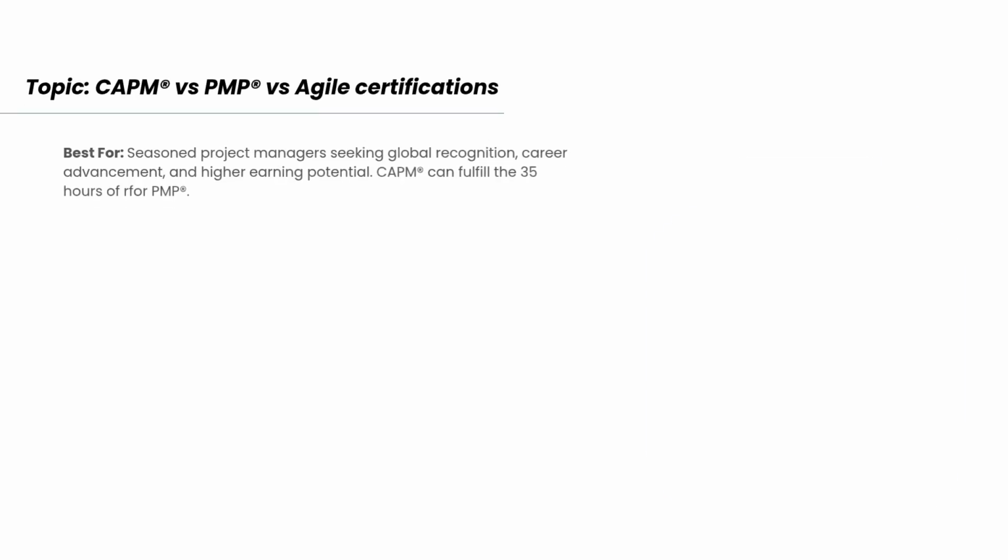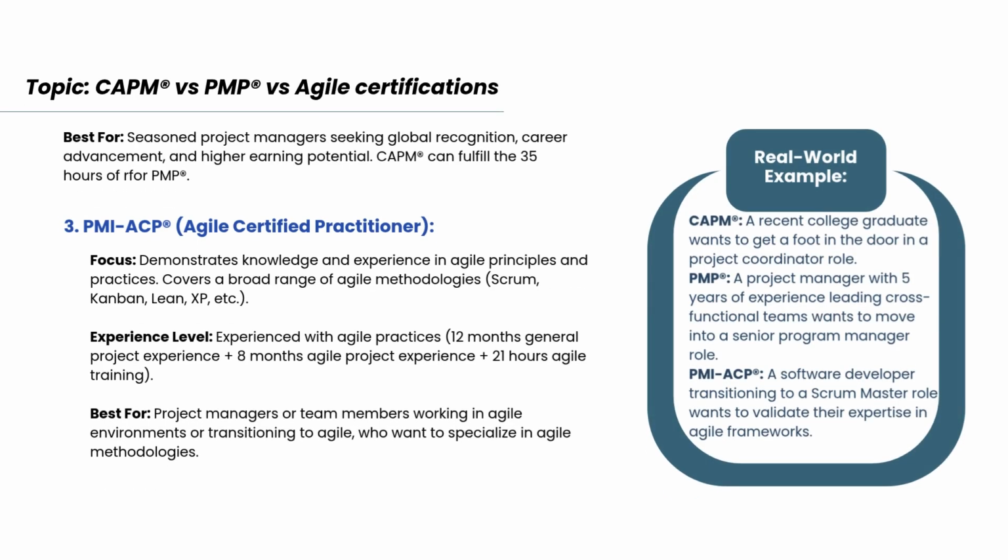Let's now understand the third popular PMI certification, PMI-ACP, or Agile Certified Practitioner. 3. PMI-ACP Agile Certified Practitioner. Focus. This certification validates your knowledge and experience in Agile principles and practices. It covers various Agile methodologies including Scrum, Kanban, Lean, and XP.